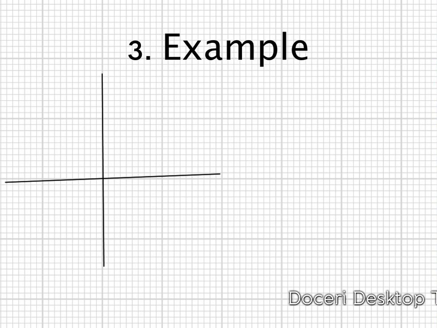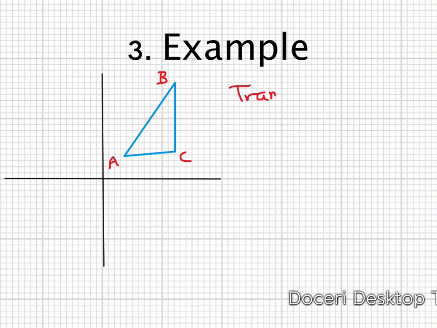So let's say I have the following triangle, and I'll label it A, B, C. And they say to translate 6 units left and 5 units down.